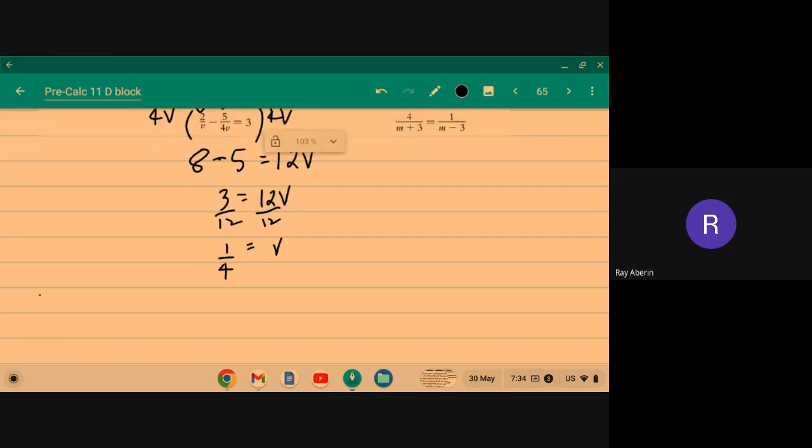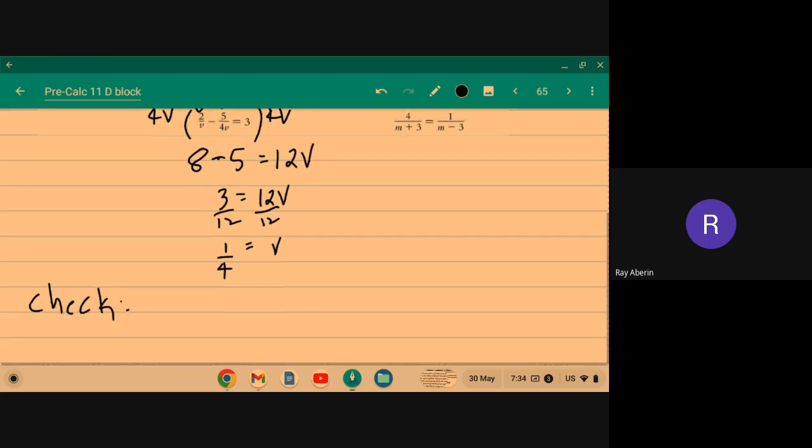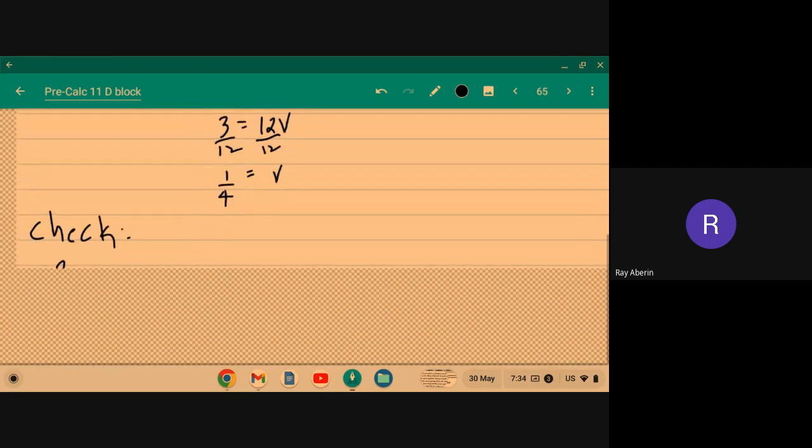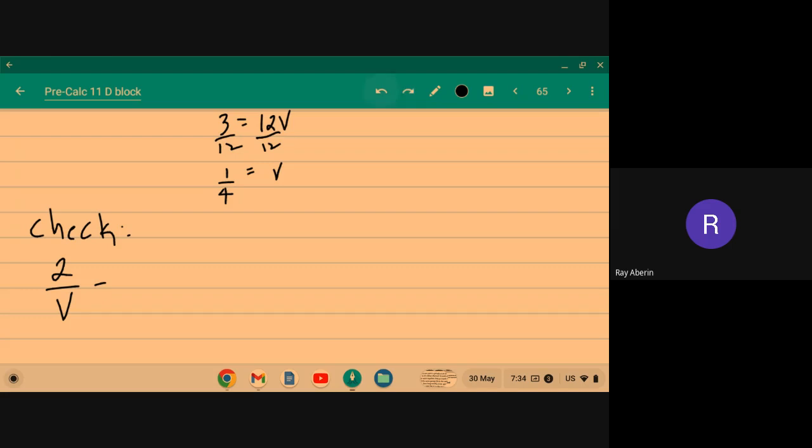So to check, 2 over v minus 5 over 4v equals 3.